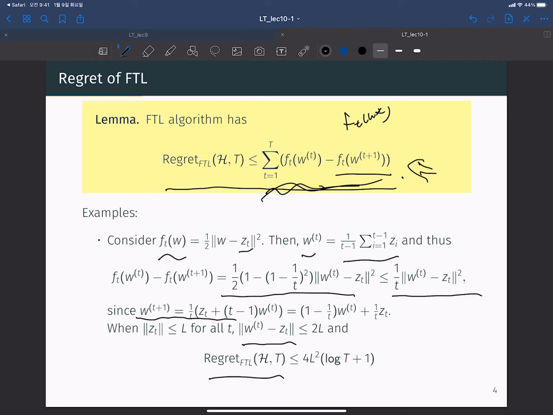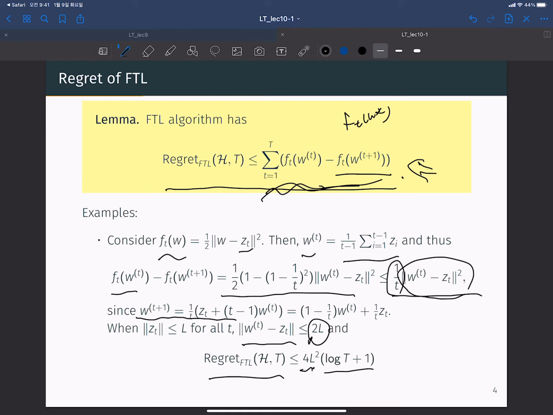So 4L squared comes from this, since f_t(w_t) minus f_t(w_{t+1}) is bounded by 1 over t times the norm of w_t minus z_t squared, and the norm squared is upper bounded by 4L squared. We have 4L squared here, and the sum of 1 over t is bounded by log T plus 1.